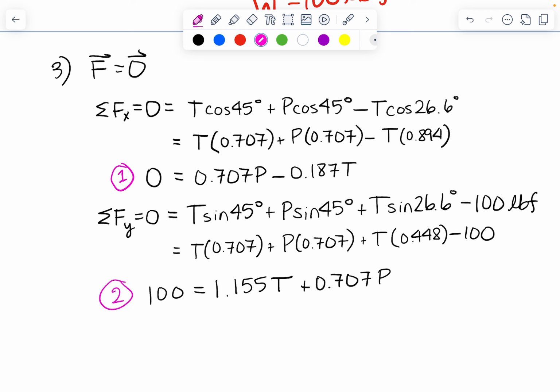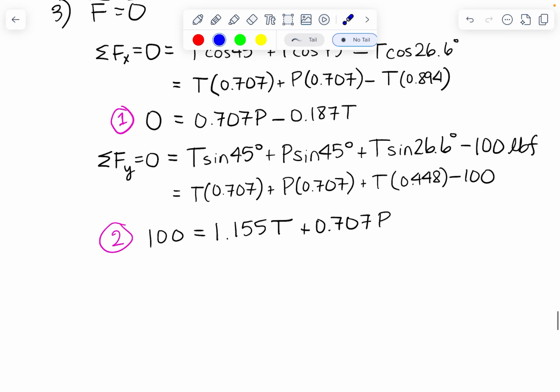Now I've got two equations, right? And I have two unknowns, that's P and T. So I can solve this system of equations. And because I notice that I have the same coefficients for P in both equations, the way that I'm going to do it is I'm going to take equation 2 and subtract equation 1.